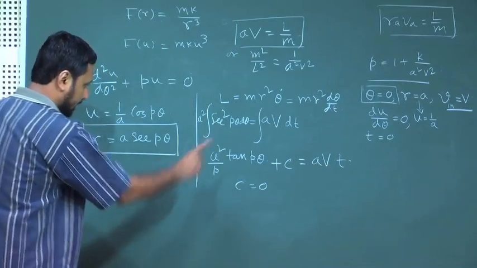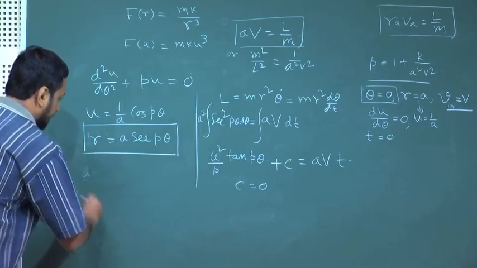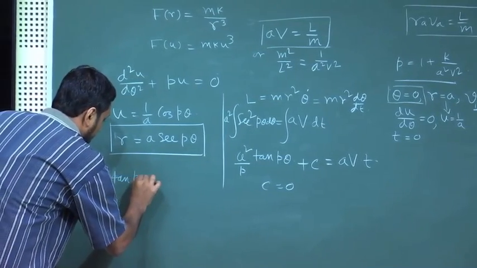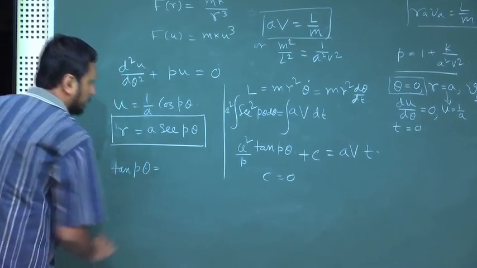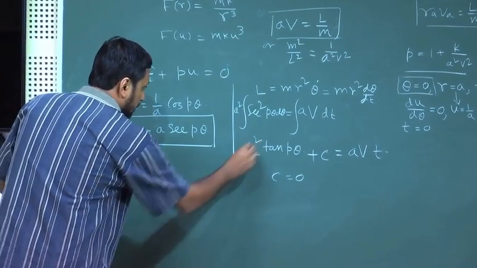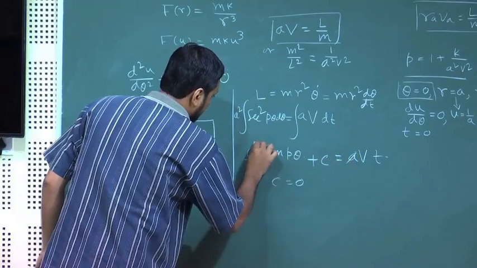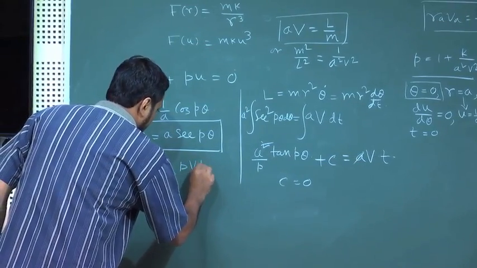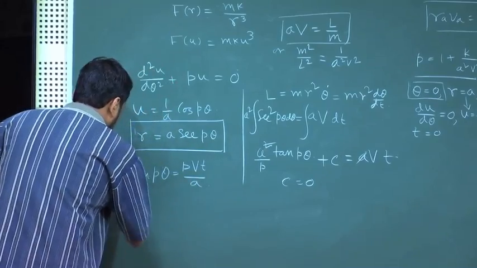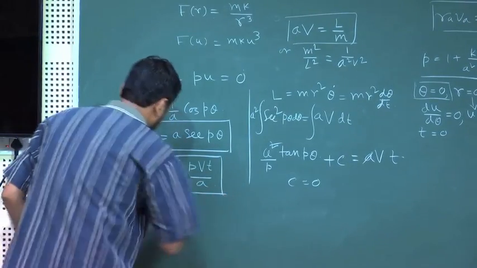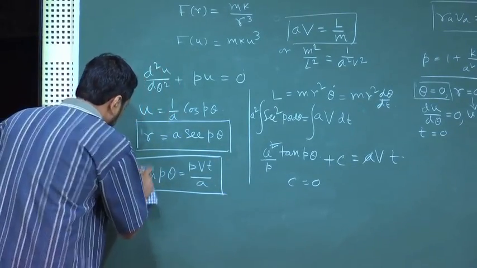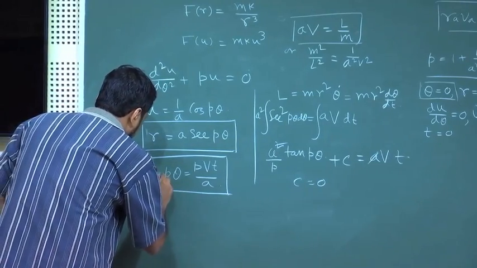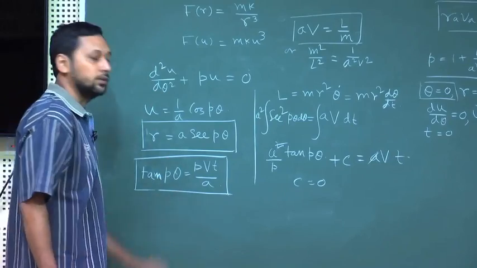So, the final relation what we get from here is tan p theta is equal to, there is one a that will survive, p v t by a, and this is exactly what is given as the solution.